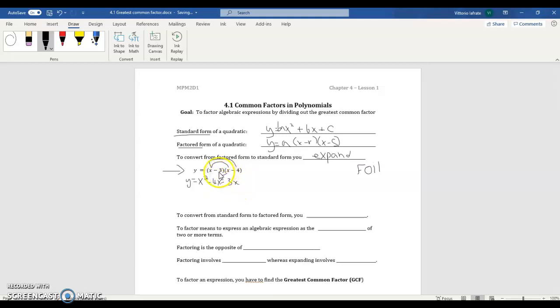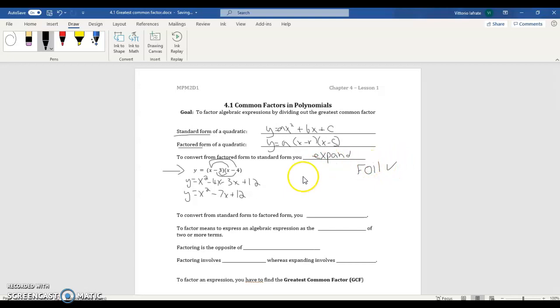And then the last terms, -3 times -4, which is +12. And then you can simplify, clean up by simplifying with your like terms. So we have y is equal to x squared, -4x minus 3x is -7x, plus 12. And so what we just did there is we went from our factored form to our standard form by expanding using FOIL.